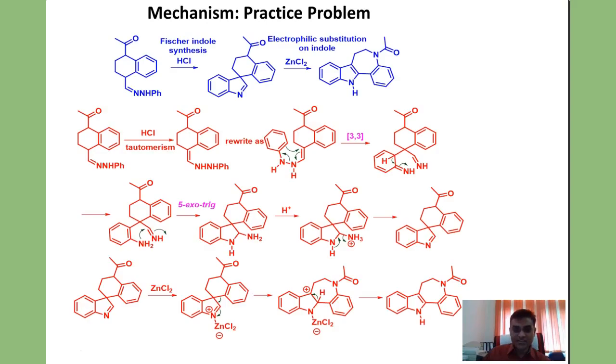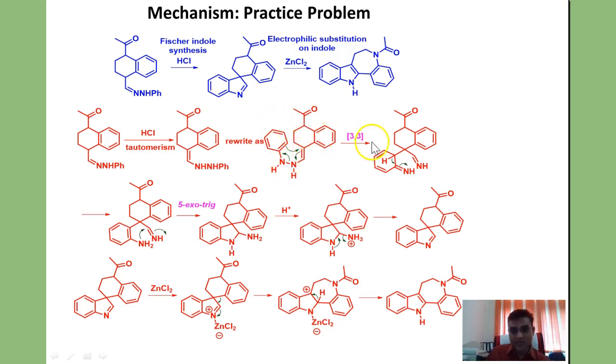Now, as a representative case, we will discuss the mechanism of the reaction where the spiro-indole derivative is formed. As usual, this phenylhydrazone will undergo tautomerism to form the enehydrazine derivative. This enehydrazine we have to write in a systematic way because this group is involved in the reaction, and therefore we are rewriting the structure in this format.